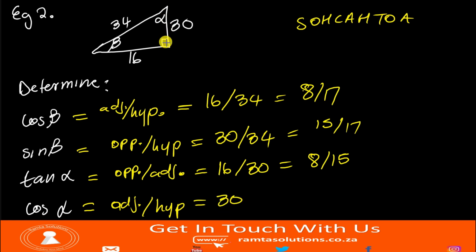And which one is the hypotenuse? It doesn't change. It's 34. So this simplifies to 15 over 17. So this is how you use SOHCAHTOA, and this is how you are defining your ratios.